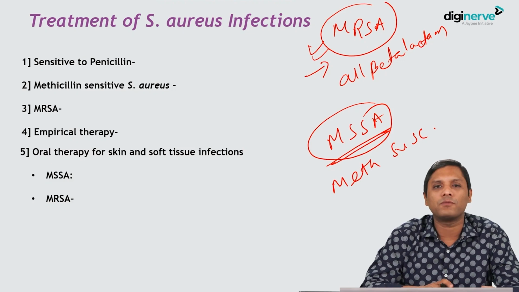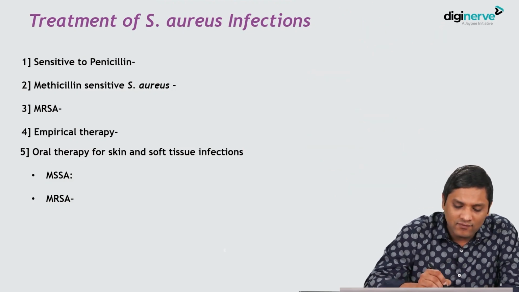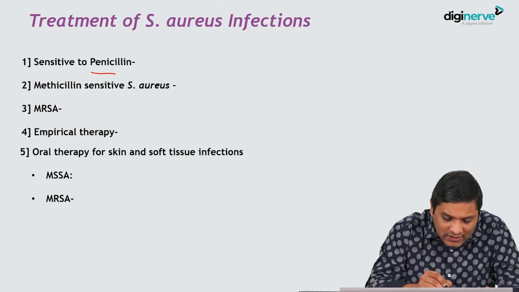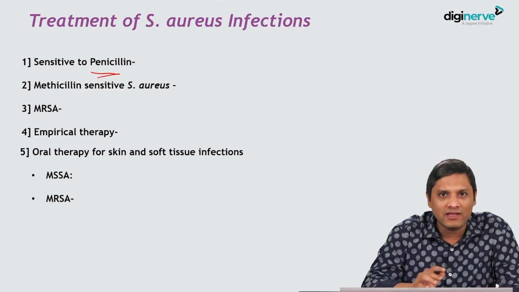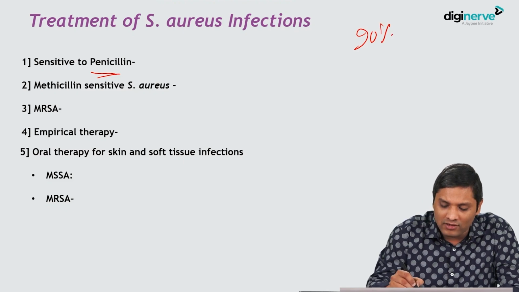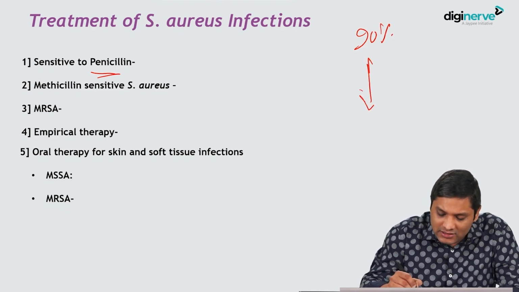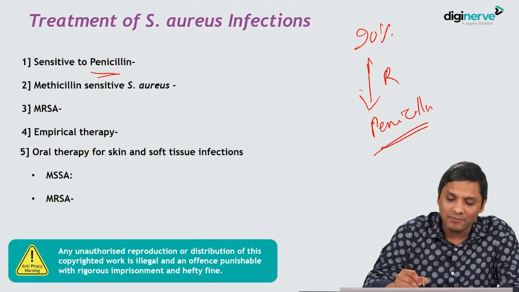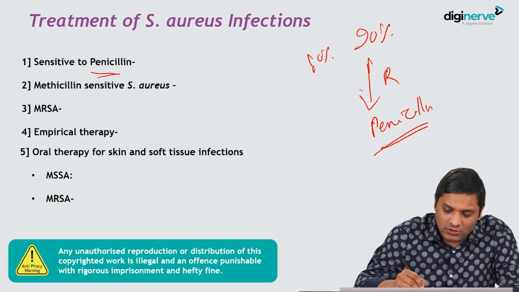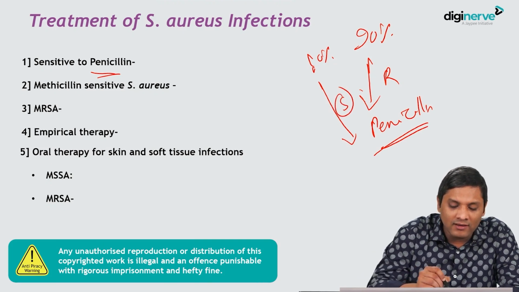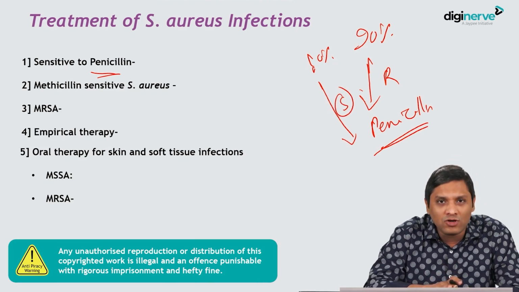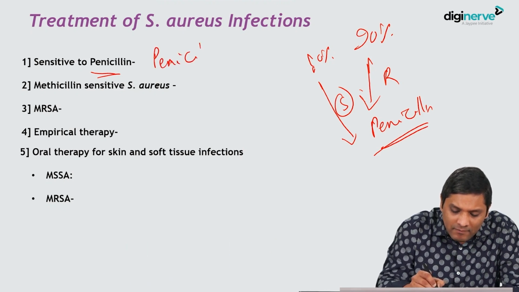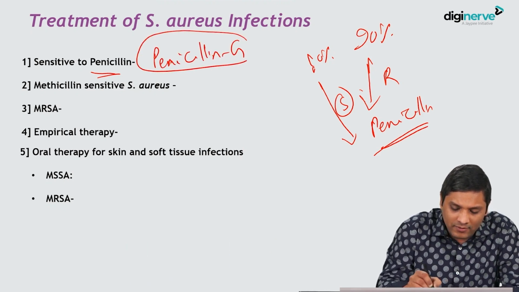Now for treatment, remember that if the susceptibility result says that it is susceptible to penicillin, which is very rare because 90% of Staph aureus are resistant to penicillin but 10% may be susceptible, then you can give penicillin G as the treatment of choice.